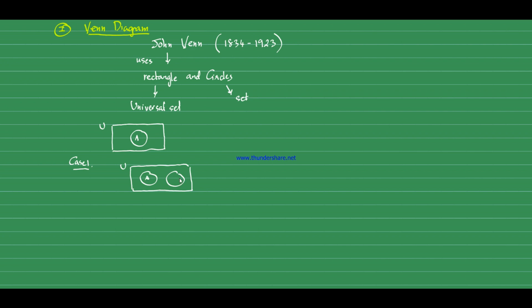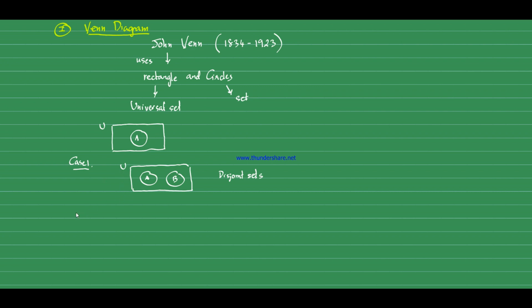Over here I call this set A, and over here I call set B. You see that these two sets are not overlapping each other, so they don't share anything in common. So these two sets we call disjoint sets. A disjoint set is a set that does not share anything in common. So you see that it's all separate, and these two sets are inside the universal set. Whatever the elements of set A and set B are, they are just elements of the universal set.